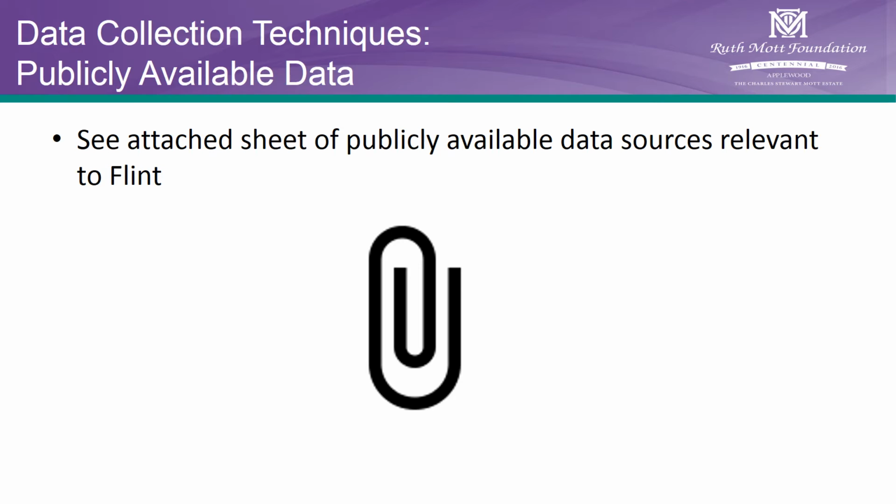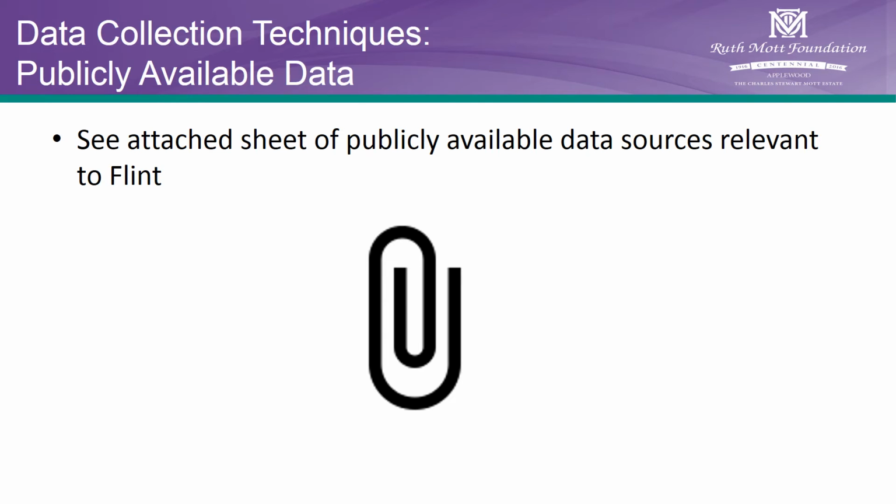Flint MSA geography is actually exactly the same as Genesee County. So if you're looking, for example, at the unemployment rates for the Flint MSA, it's going to be about half what it is in Flint City. So don't assume because it says Flint MSA or Flint Metropolitan Statistical Area that is Flint City. That's actually Genesee County. So be very careful of that as you're looking through the sources.